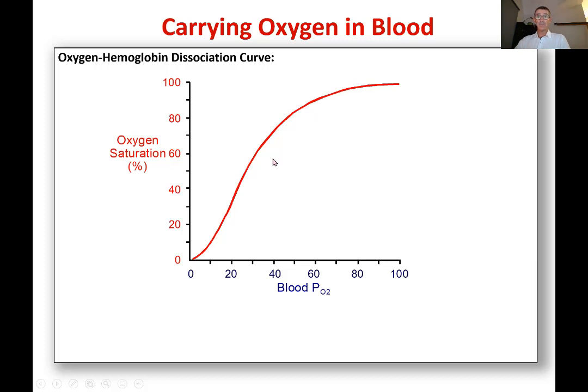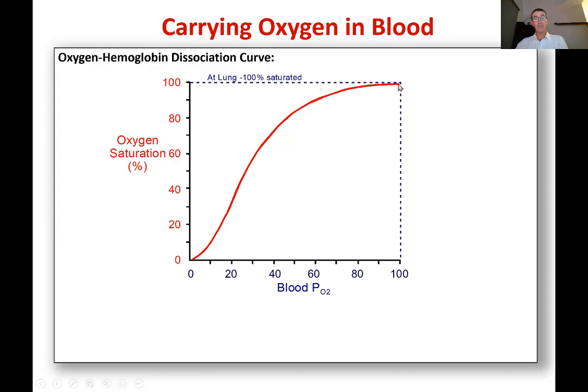So first of all, think about what happens when the blood comes by the alveoli. It's going to see a partial pressure of oxygen somewhere around 100. So all of the heme portions on the hemoglobin molecules are going to become bound to oxygen. So we say that it's 100% saturated. Every available space has an oxygen molecule on it.